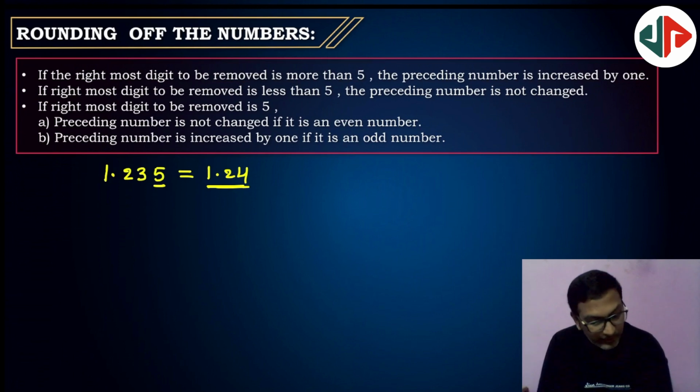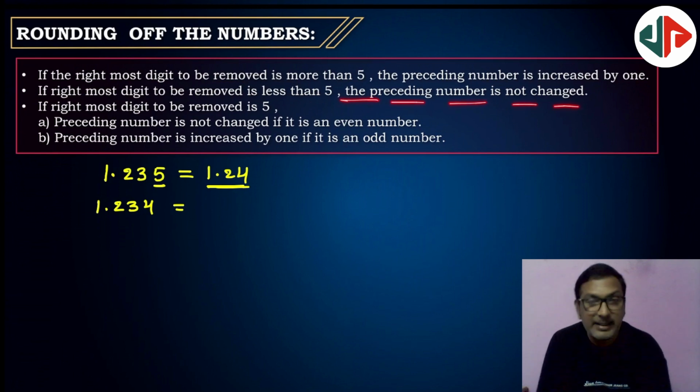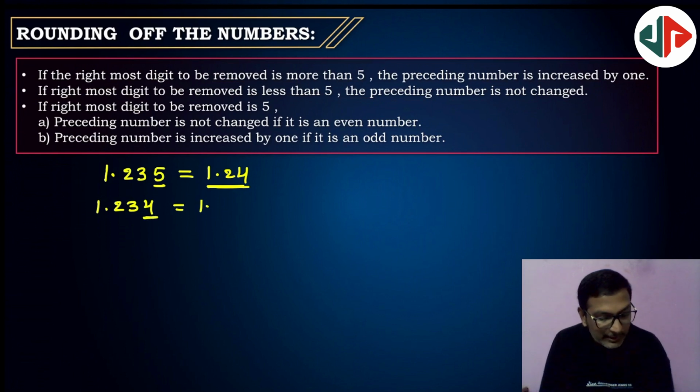Next, if the rightmost digit to be removed is less than 5, suppose it is 1.234, then the preceding number is not changed. The rightmost digit which is to be removed is 4, preceding number is 3.